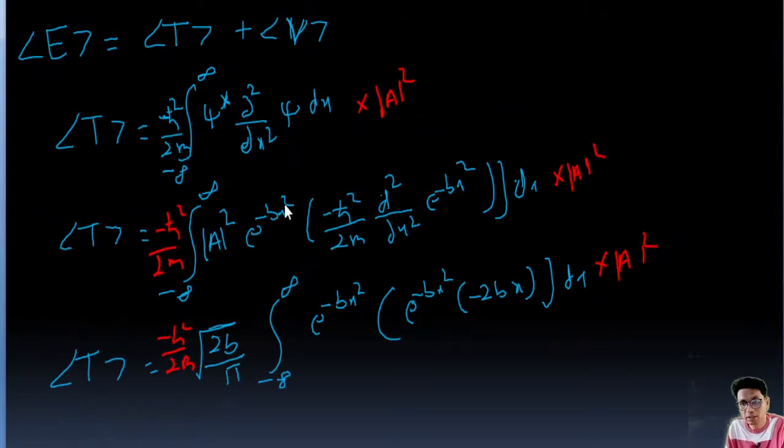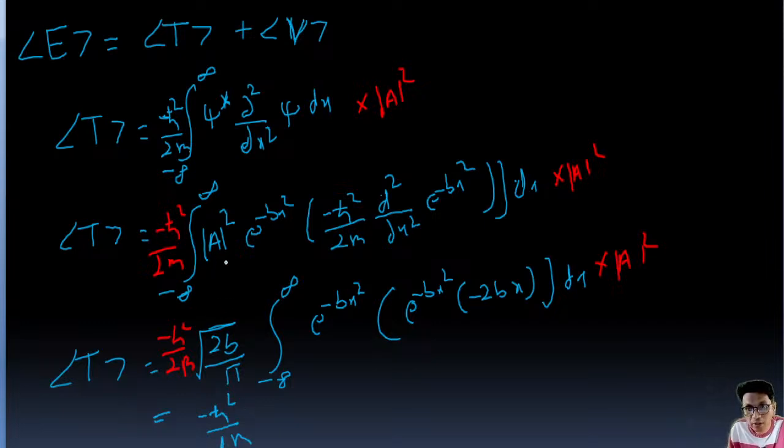Just wait, guys, let me check. Right. So we'll write the value, minus h cut square upon 2m.